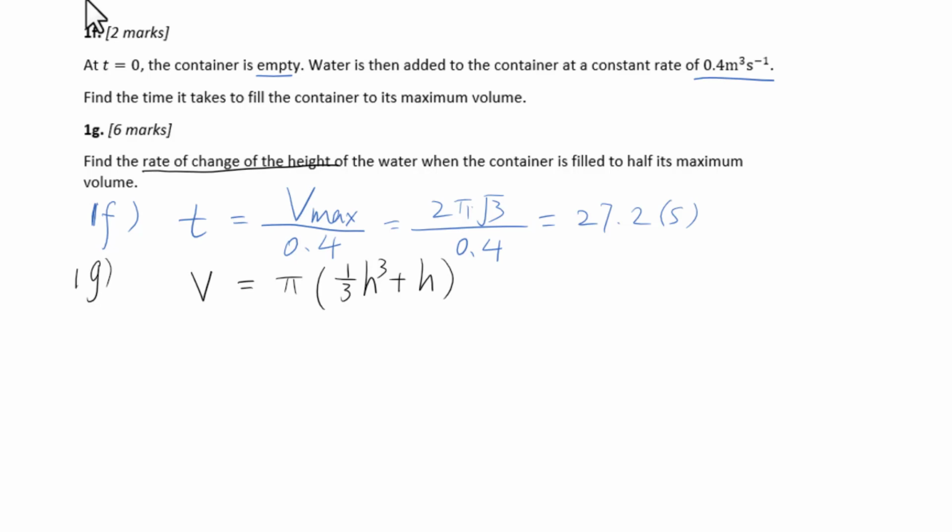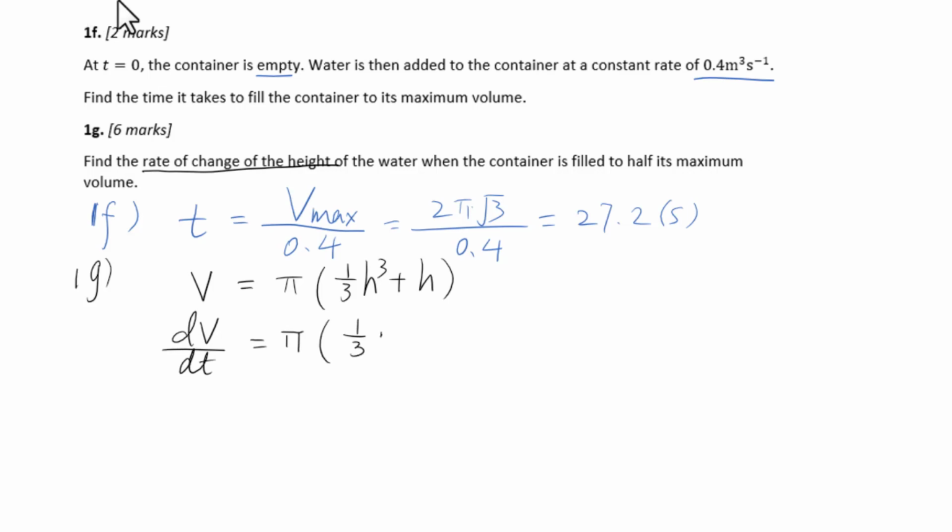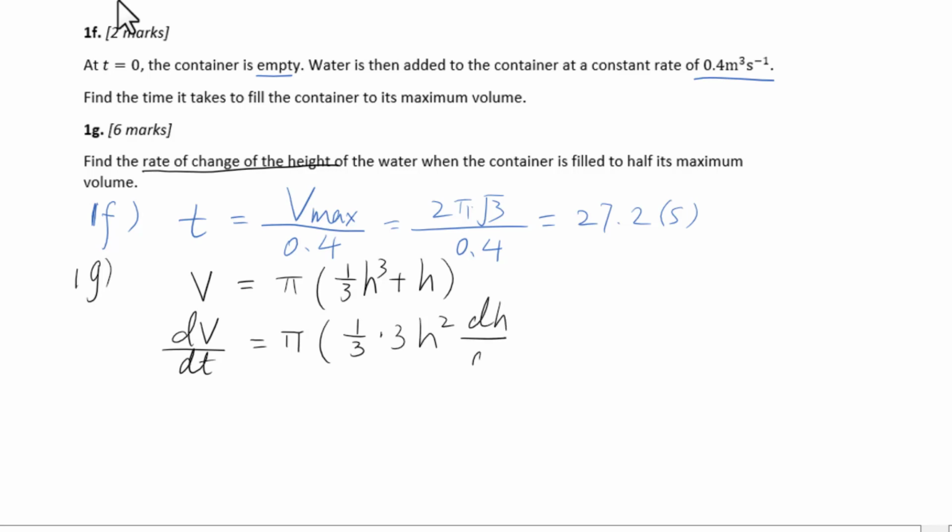We will take a derivative of both sides with respect to t. dV/dt equals pi times 1 over 3 times 3h squared dh/dt plus dh/dt.